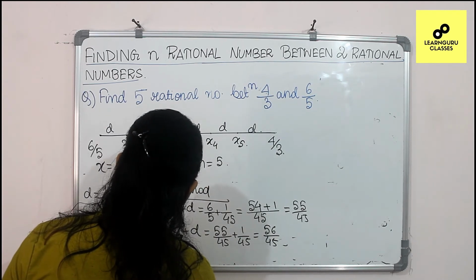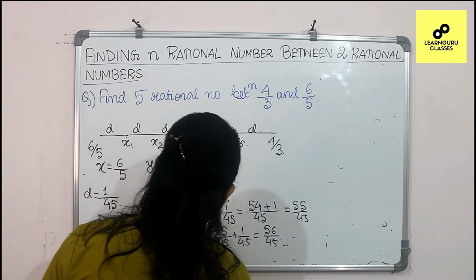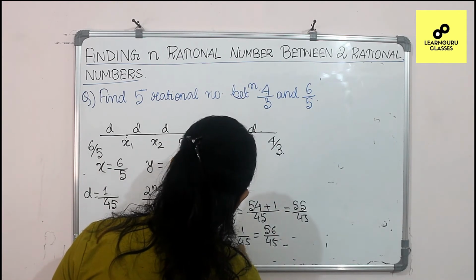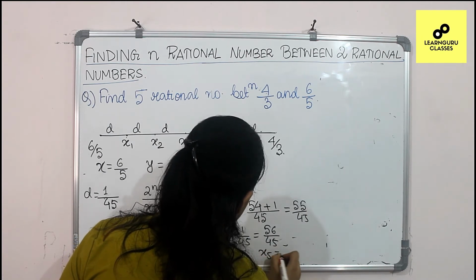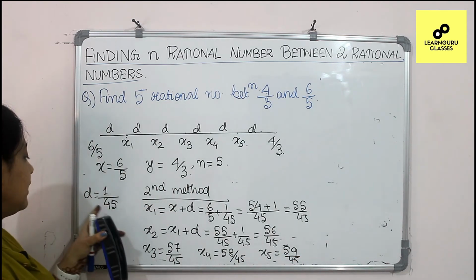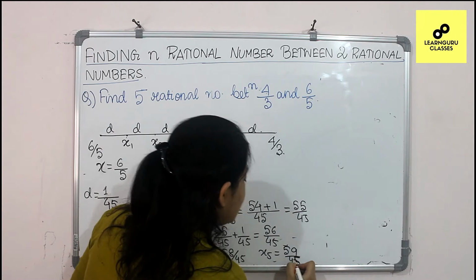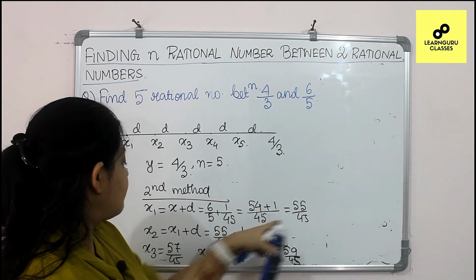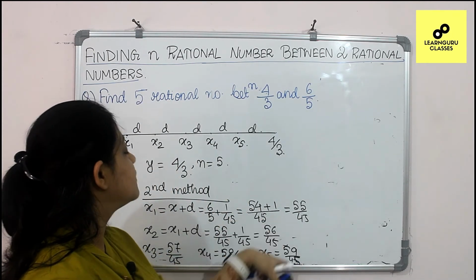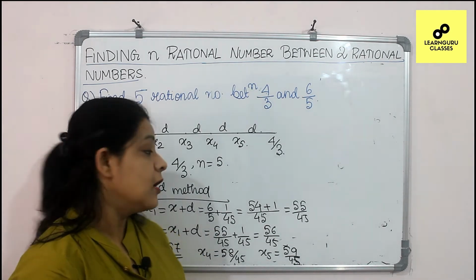So x3 you are getting as 57 by 45, x4 as 58 by 45, and x5 as 59 by 45. Just we are adding d. I am not showing you the calculations, just you will be adding like this: 55 by 45 plus 1, 56 by 45, 56 by 45 plus 1, 57 by 45.